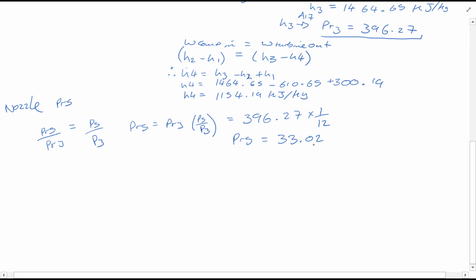Interpolating table A17 now will give you a value of H5 equal to 741.19 kilojoules per kg.